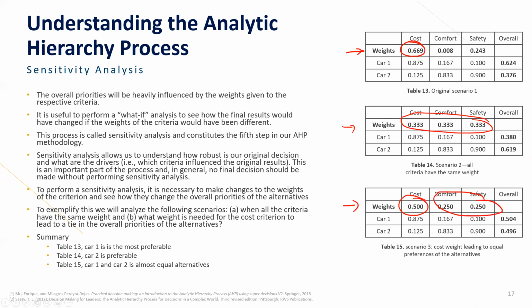For example, you put cost at 0.5, and then the rest, comfort and safety, a quarter and a quarter. And then you recalculate, and the score of car 1 and car 2 is almost the same.